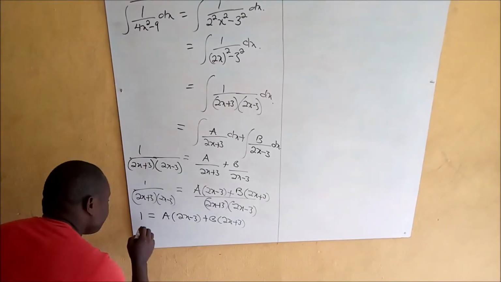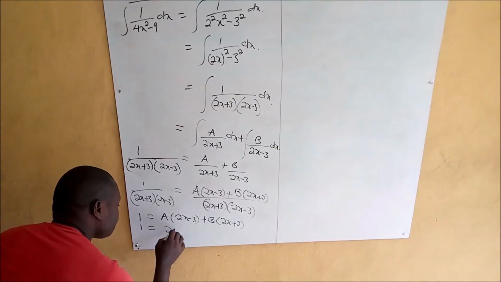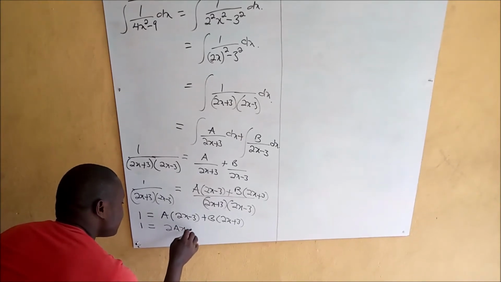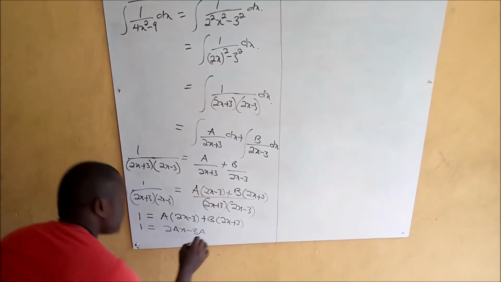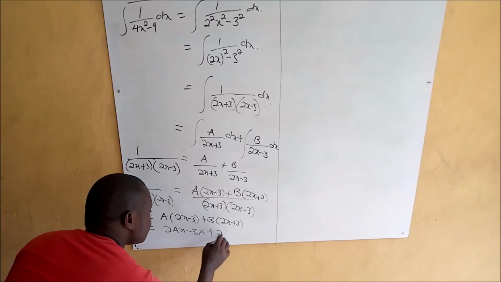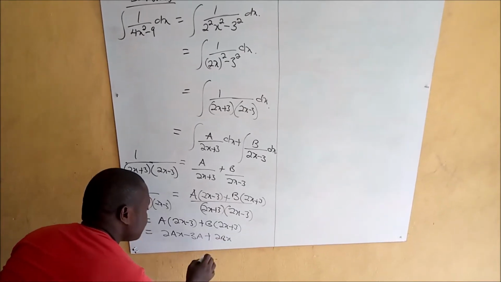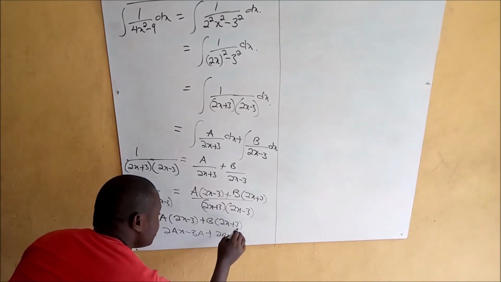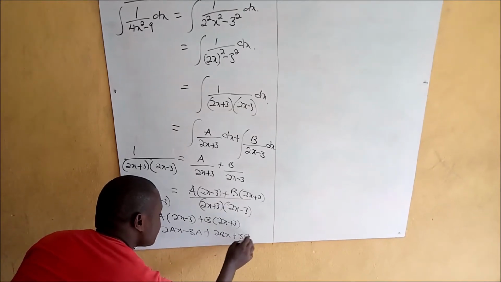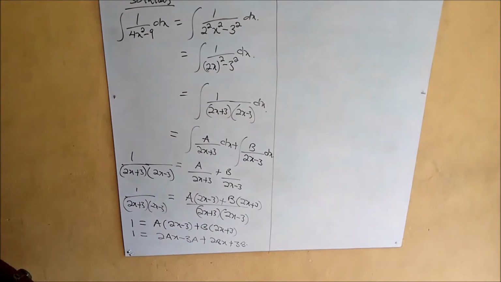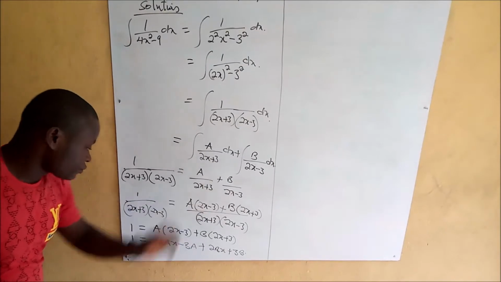If you clear the brackets, this will be 2Ax minus 3A plus 2Bx plus 3B. Let's factorize x and then the constant.